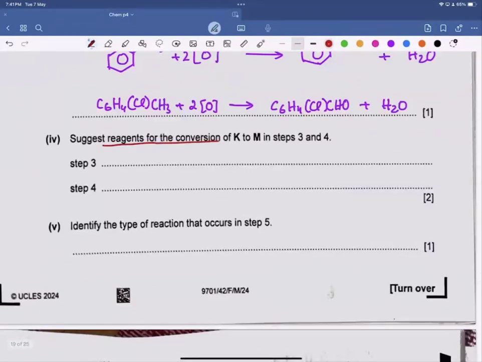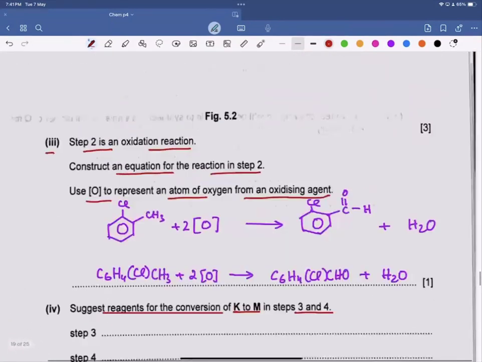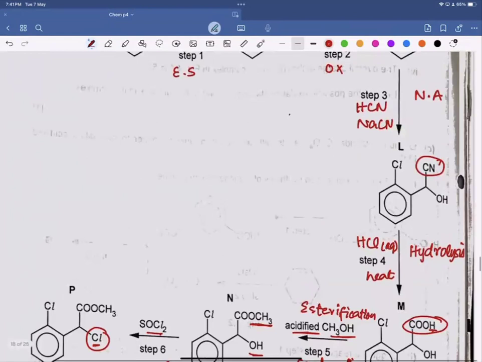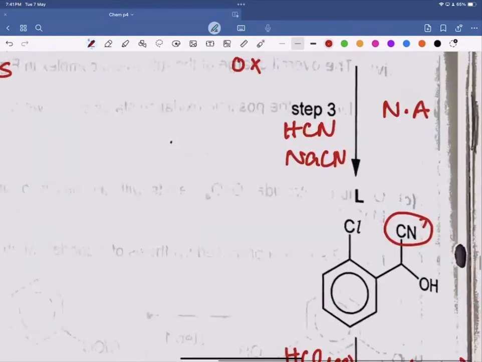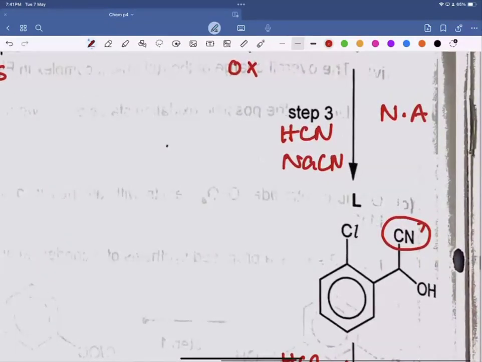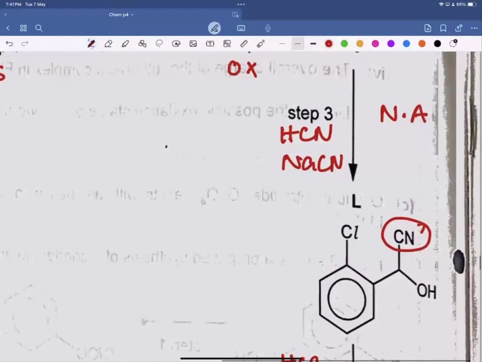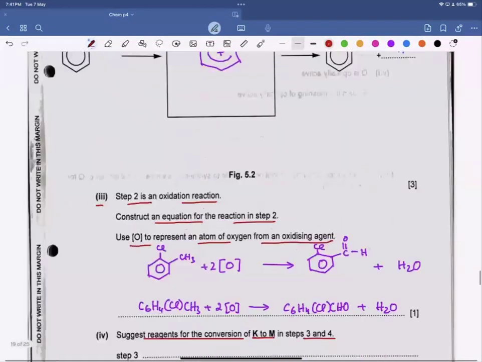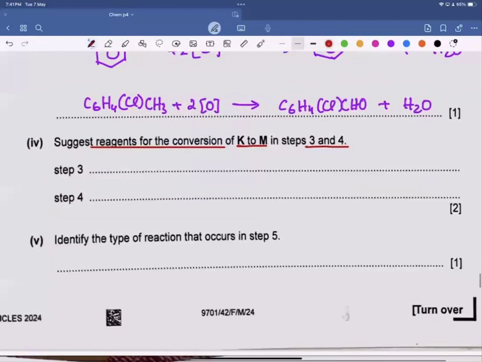Suggest reagents for the conversion of K to M in step 3 and 4. Okay. In step 3, we have decided that we are going to use HCN with NaCN, or instead KCN has been used. So that NaCN or KCN is basically a catalyst.